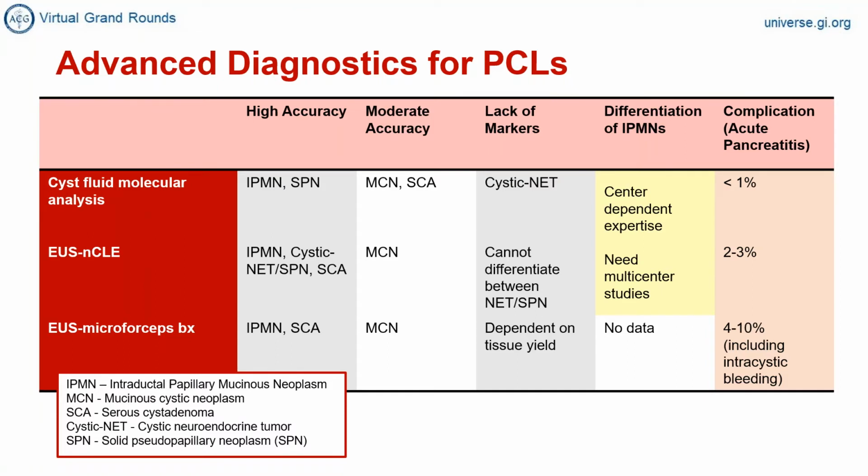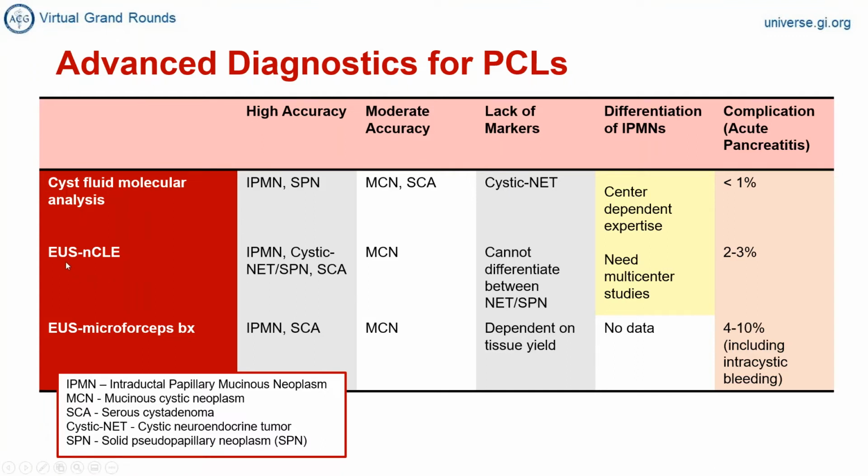As far as identifying the VHL gene, the sensitivity needs to improve from what we see in current practice. There is a lack of markers for cystic neuroendocrine tumors, but some are under investigation. Differentiation of IPMNs into low and high-grade dysplasia is center-dependent expertise, and we need multi-center studies. The risk of acute pancreatitis is less than 1% because you just use a 22-gauge needle.